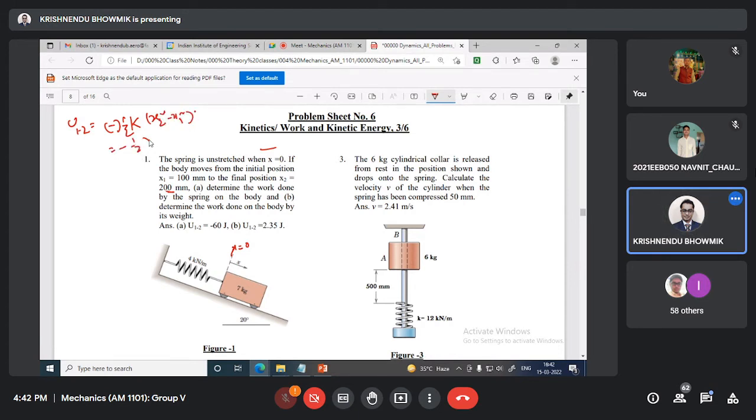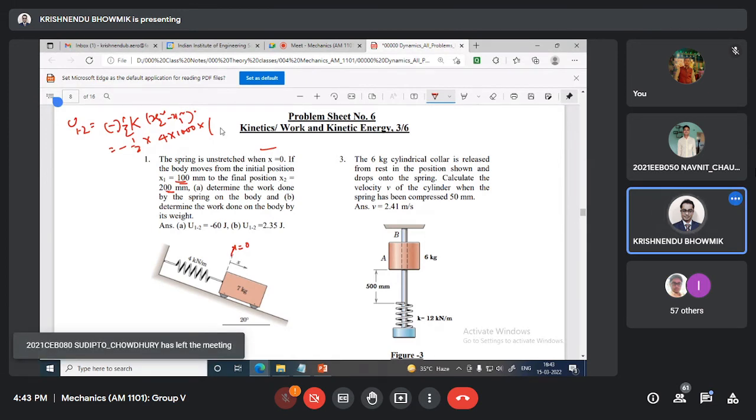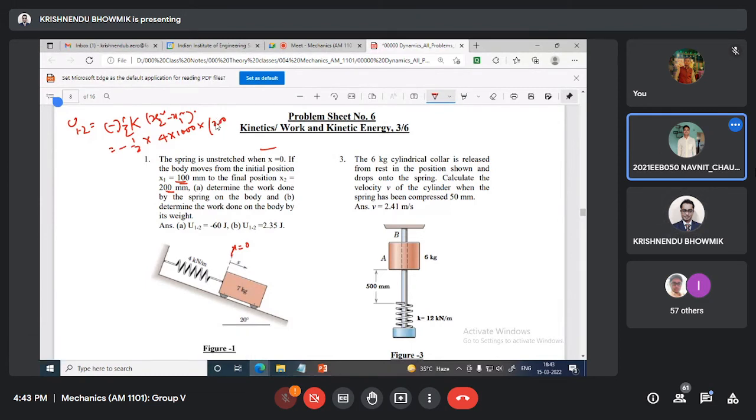K is 4 kilonewton per meter, 4 multiplied by 1000 Newton per meter. This problem says x1 is this, x2 is 200, so 0.2 square minus 0.1 square. It is minus 16 joule.